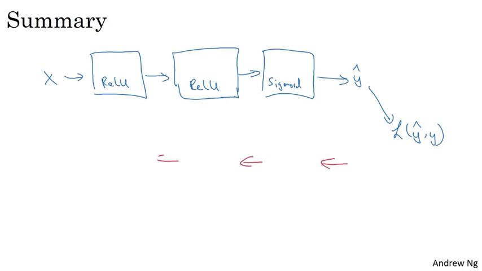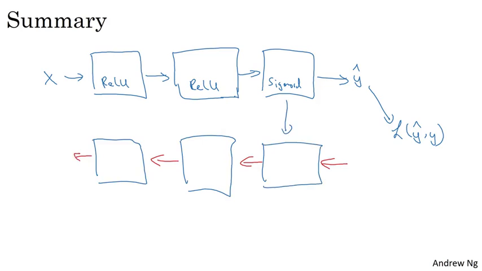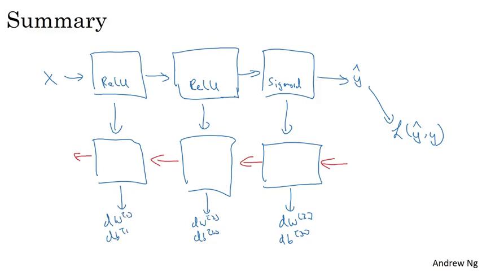I'll draw the arrows first, I guess, so I don't have to change pens too much, where you would then have backprop compute the derivatives: dW3, dB3, dW2, dB2, dW1, dB1.